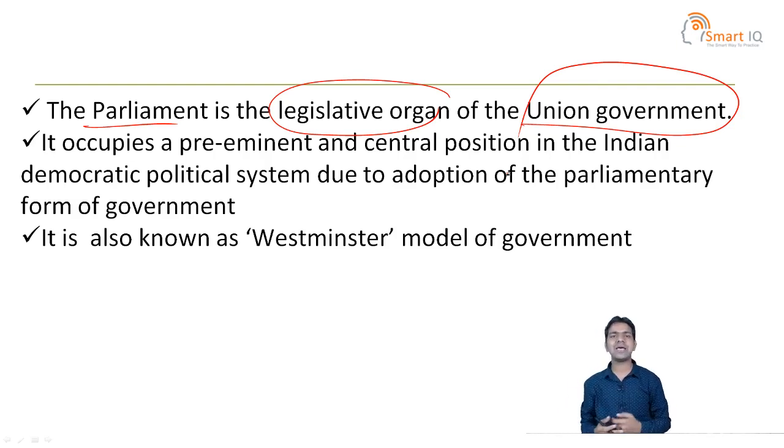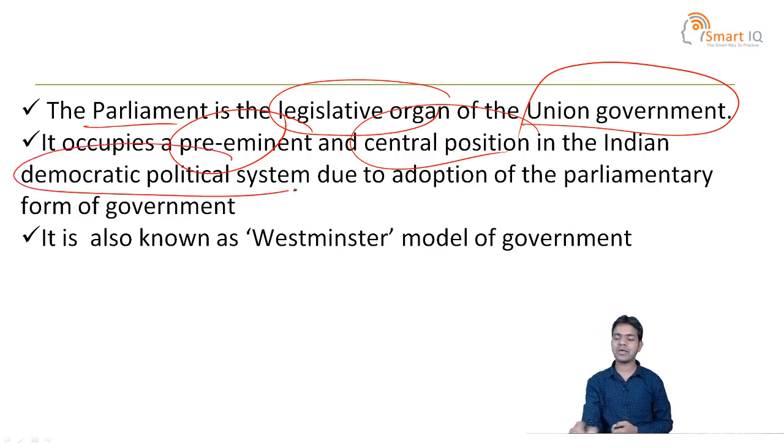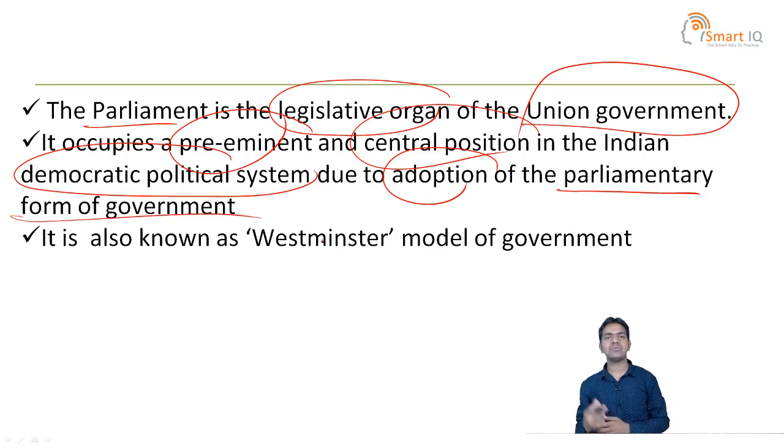It occupies a preeminent and central position in the Indian democratic political system, due to the adoption of the parliamentary form of government. That is the reason the constitutional experts say that Parliament is, you know, this figure.